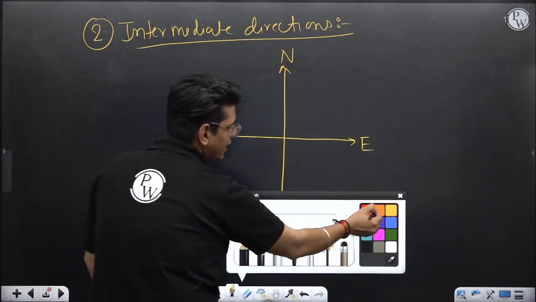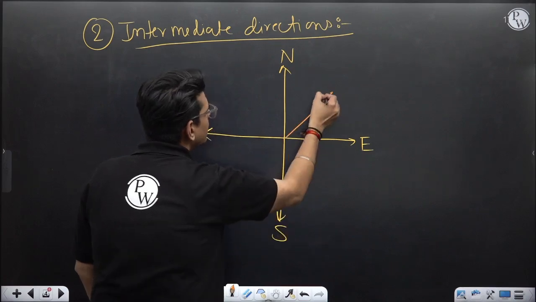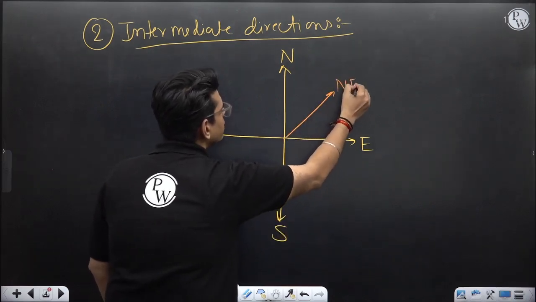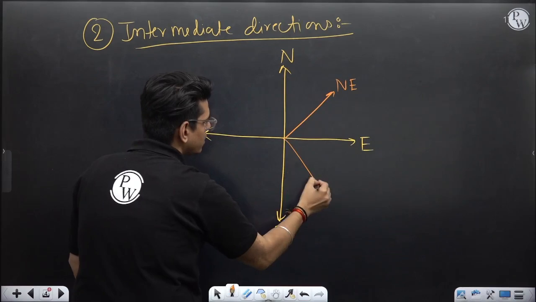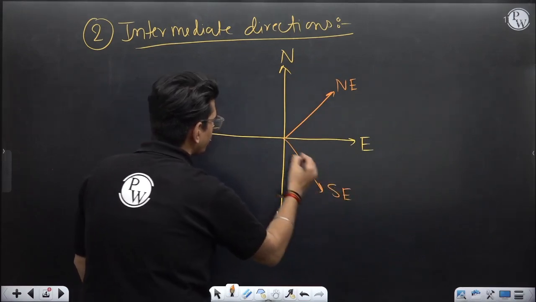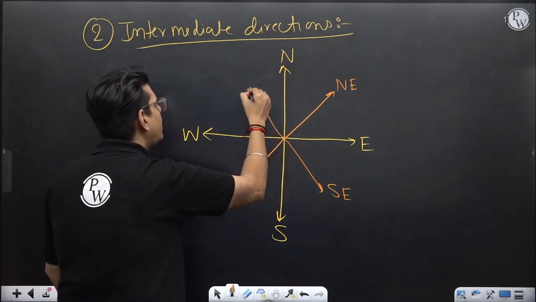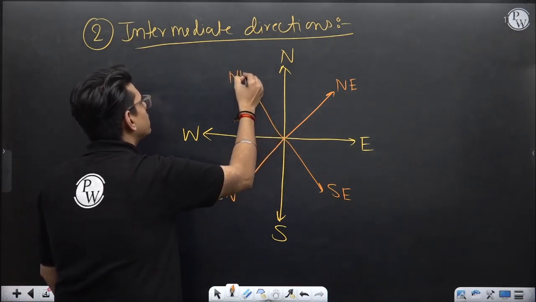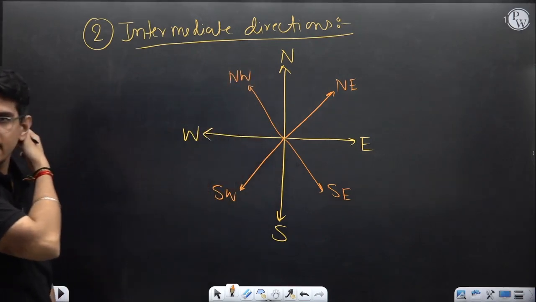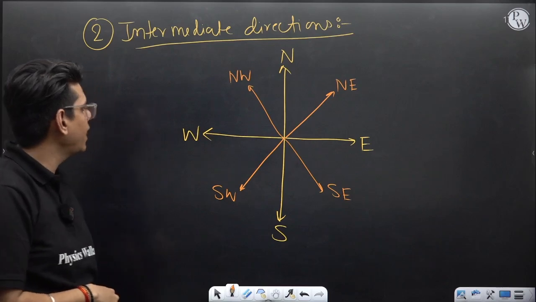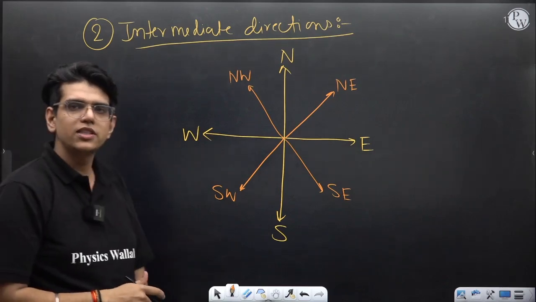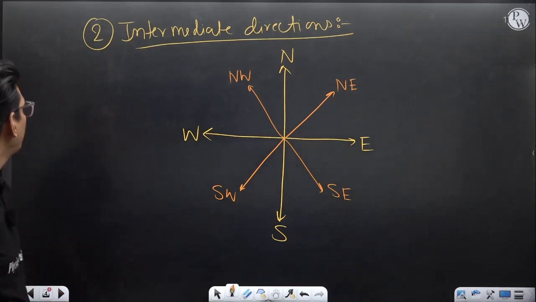Now, what are the intermediate directions? These are nothing but northeast, which is between north and east, southeast, southwest, and northwest. So we need these 8 directions and the logic behind all these directions to solve questions based on direction.